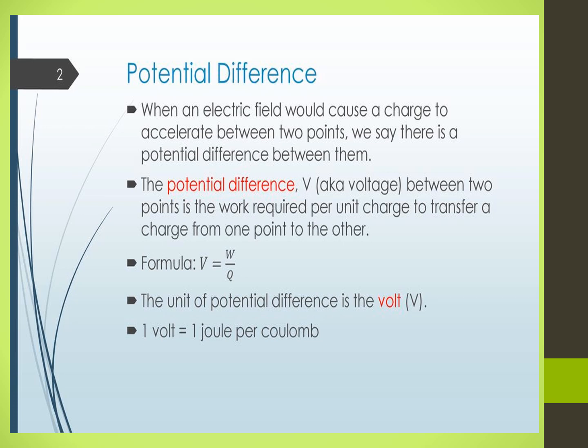For each coulomb of charge passing through the light bulb or any appliance, the amount of electric energy converted into other forms of energy depends on the potential difference across the electric device or any electrical component in the circuit. The potential difference is represented by the symbol V.